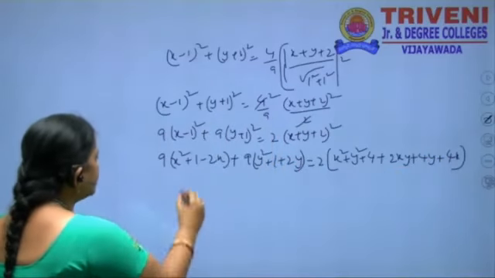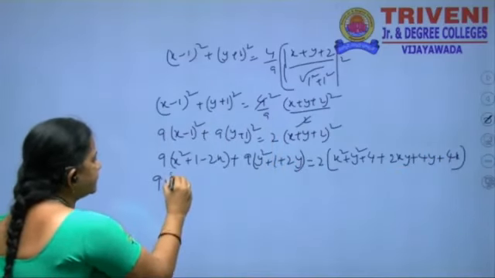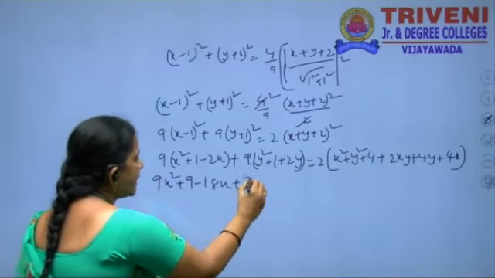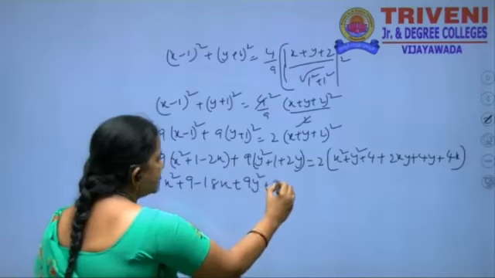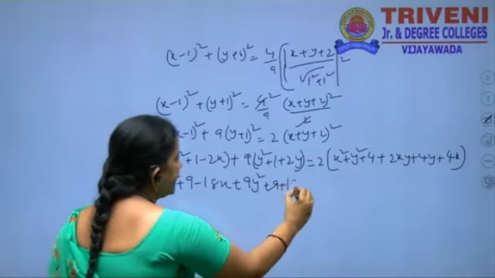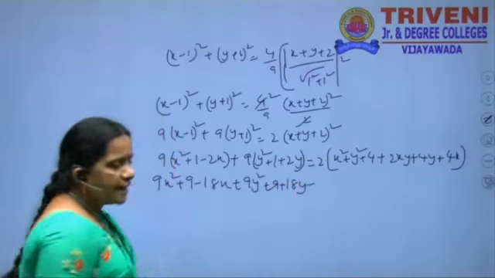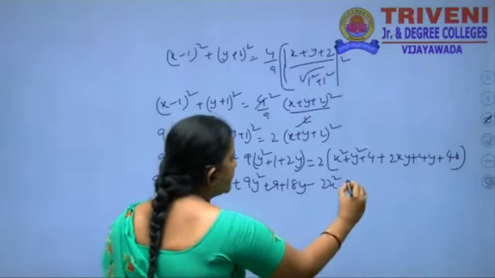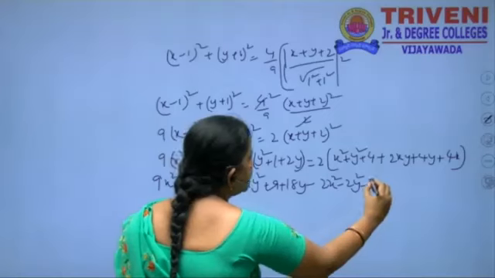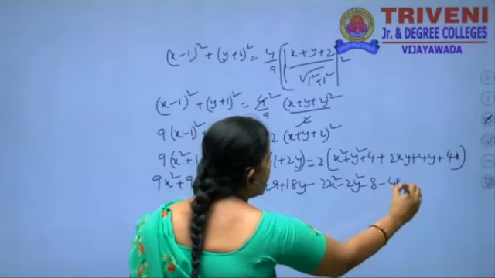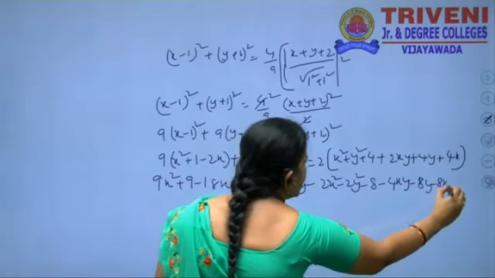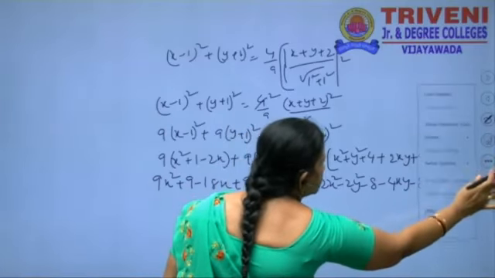Then multiply: 9x square + 9 − 18x + 9y square + 9 + 18y. The right side becomes 2x square + 2y square + 8 + 4xy + 8y + 8x, so bringing it over we get the equation equal to 0.